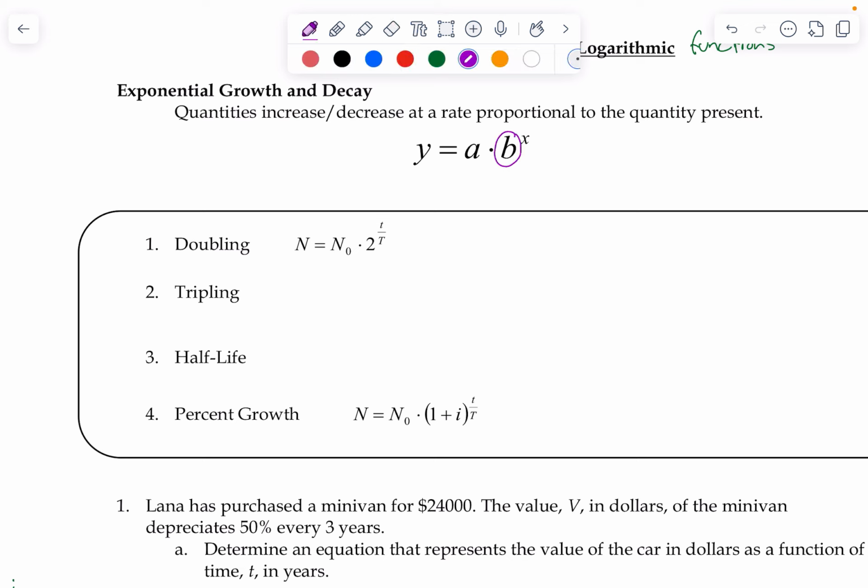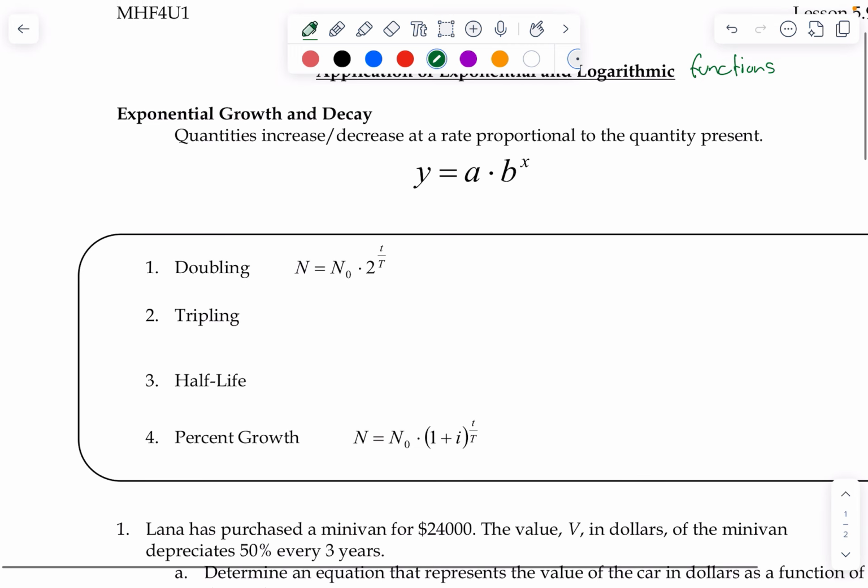Like what type of problem is it? Is it a half-life, right, where that would be half? Is it triple, where this would be 3? And so we'll create those formulas in a second, but you're not given these on the exam or the test, so you do have to know how they're created, but it really is just this same equation, and you're just changing this value, okay?